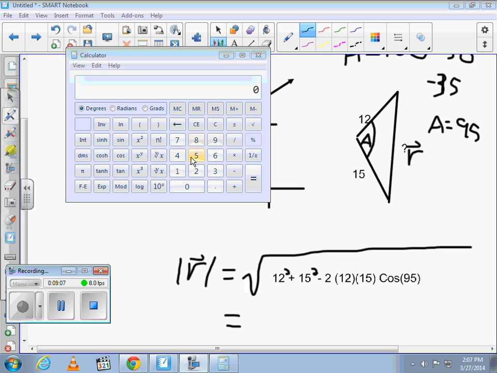Okay, so what we're interested in is the square root of 12 squared plus 15 squared minus 2 times 12 times 15 times the cosine of 95.